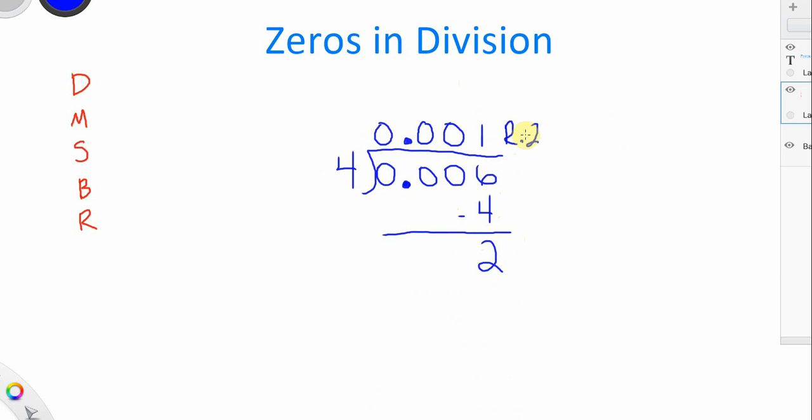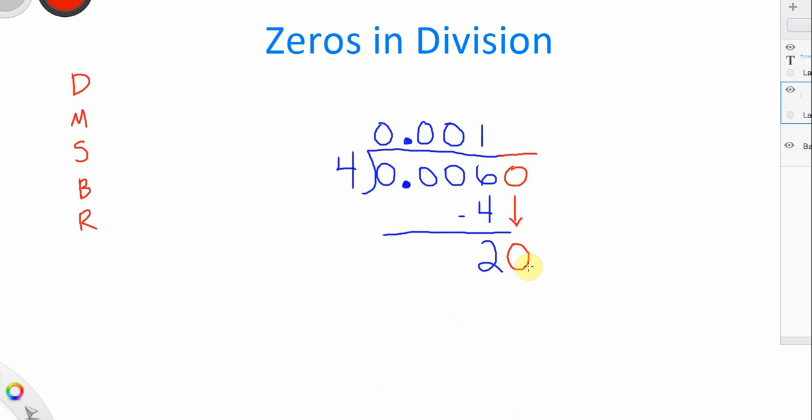But remember, do I want a remainder if I'm working with decimals? Not really, I don't. So let's get rid of that remainder. And what do I have to do instead? How can I continue to solve this problem? Well, I need to add a 0 in my dividend, and then I can bring that 0 down. And how many times does 4 fit into 20?